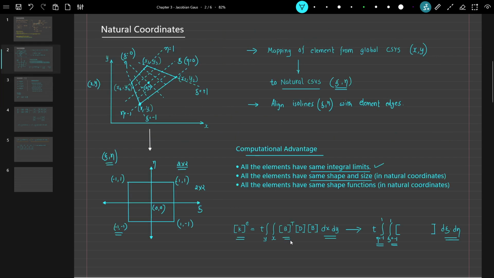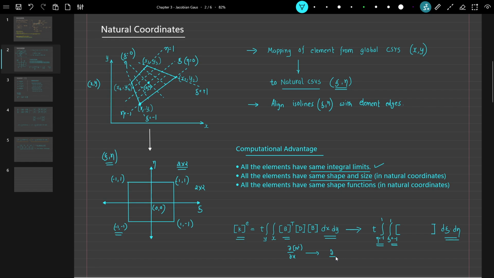So this B is partial derivatives of shape functions with respect to x and y coordinates. So now we cannot use this B matrix here. Okay, so we need to transform B, D and B, all the matrices, into natural coordinates.